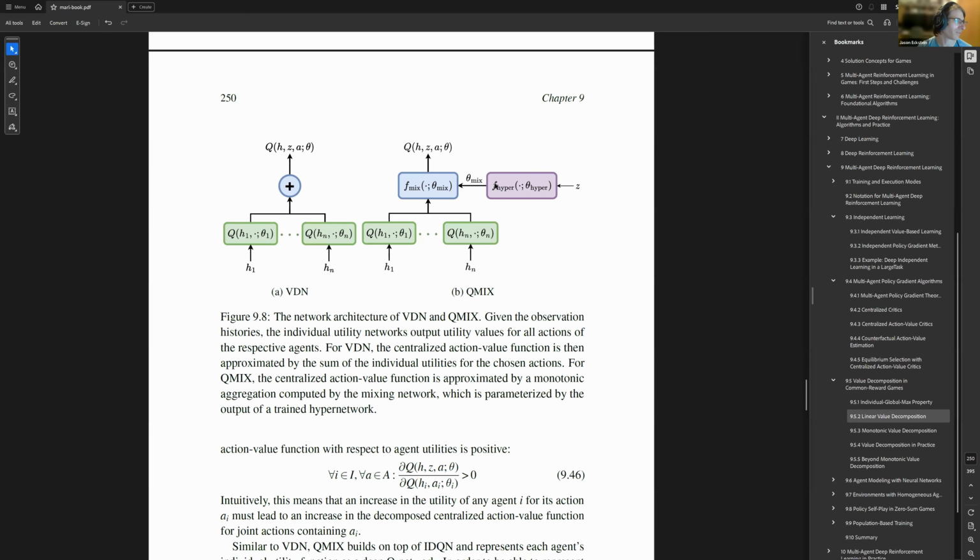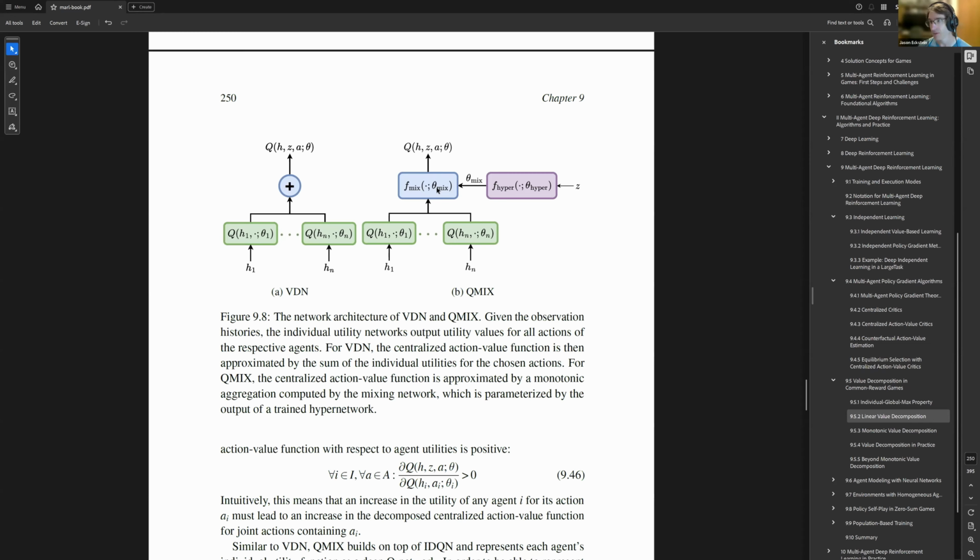But the problem is, in order to meet the IGM property, which is necessary for this to work, this mixing function has to be monotonic, which we can certainly do.